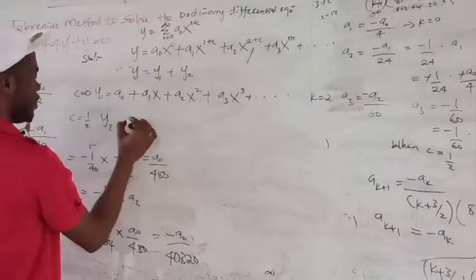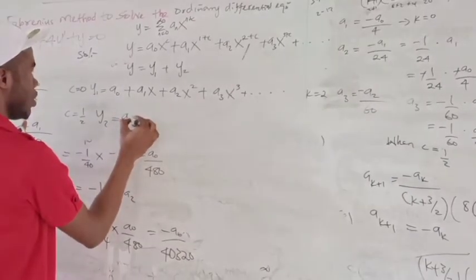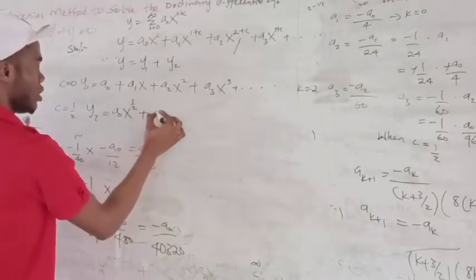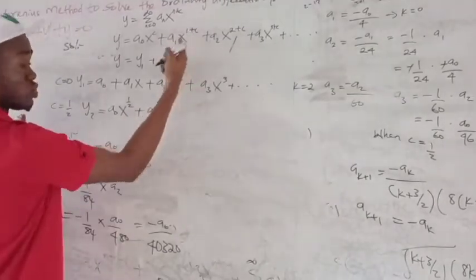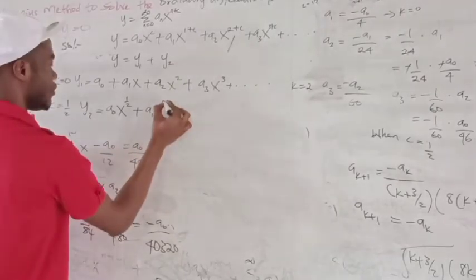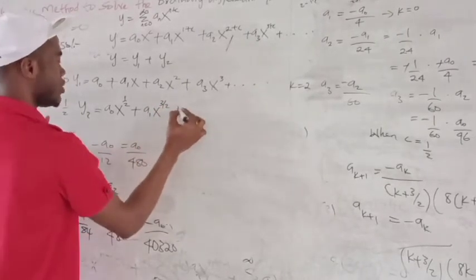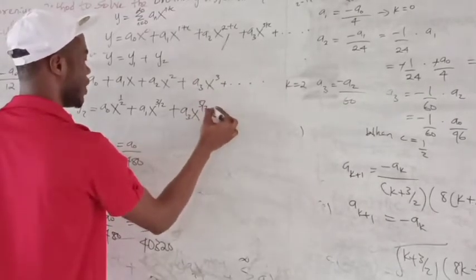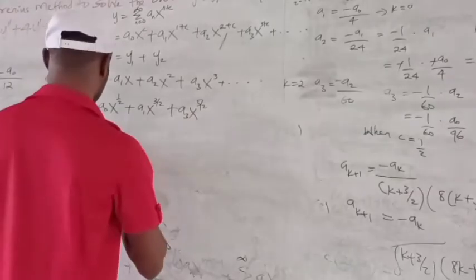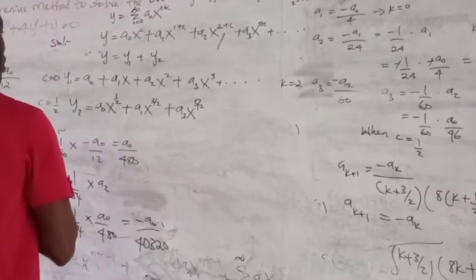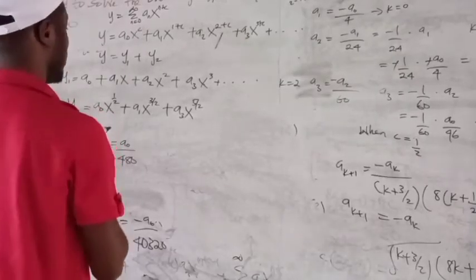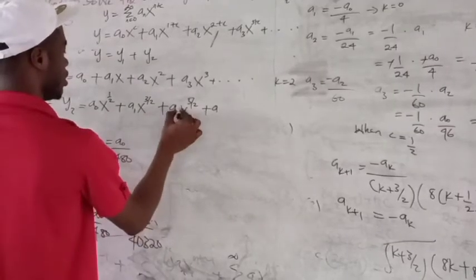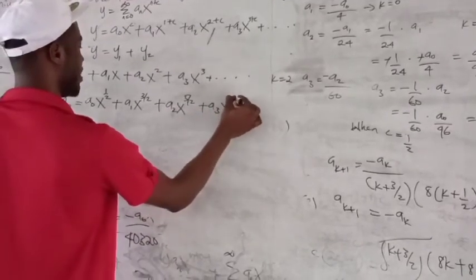That means we have a0 x raised to the power of 1/2 plus a1 x raised to the power of, that means 1 plus 1/2 gives you 3/2, plus a2 x raised to the power of 2 plus 1/2, which gives you 5/2, plus a3 x raised to the power of 7/2.